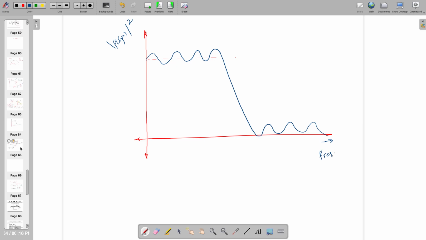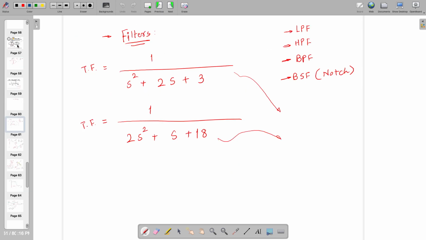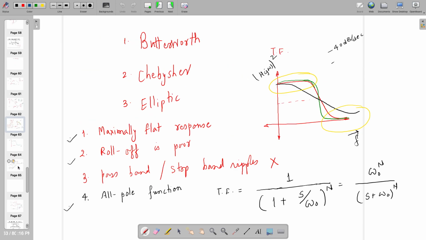And the elliptic function, that's one of the difficult ones. We are not going to study it, and it's not given in the book either. But it's a combination of these two, where you will have lower pass band and stop band ripples, and the roll off is also not very poor. It's a combination of both, right?